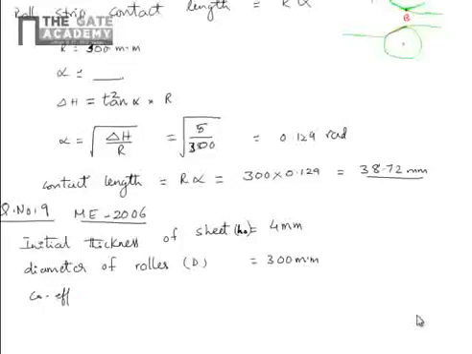Coefficient of friction at the roller and work interface, mu, equal to how much? 0.1. The minimum possible thickness of the sheet produced is indirectly saying that the maximum possible reduction happens.